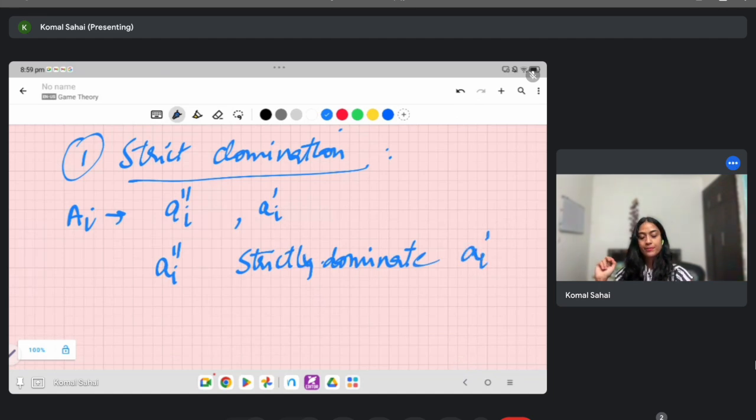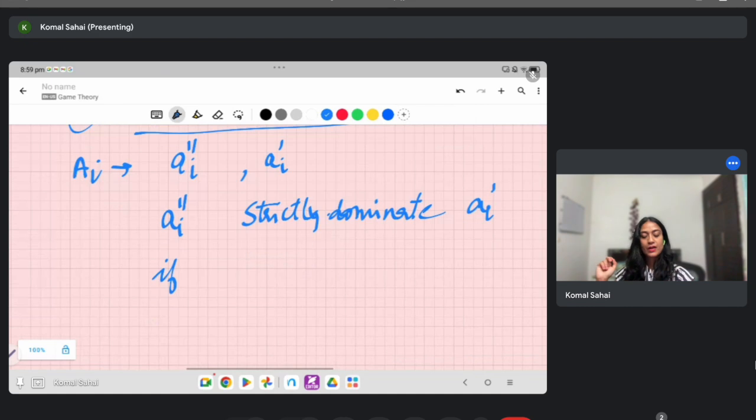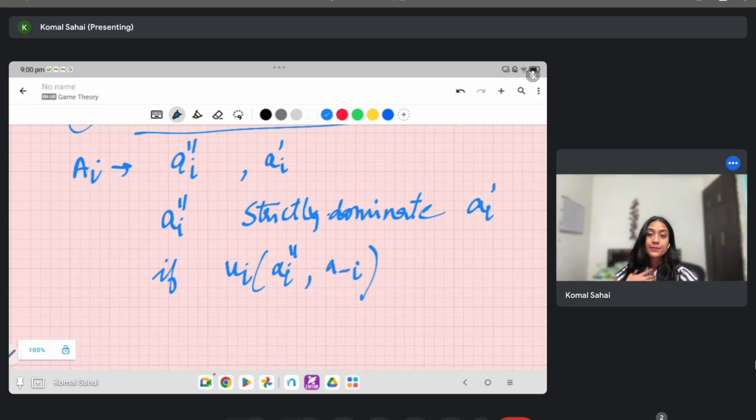AI prime if the utility that player I gets from AI double prime given A minus I, मतलब बाकी player का कोई action is greater than the utility that player I gets from AI prime under the same set of action, but this applies for all actions of the other player.